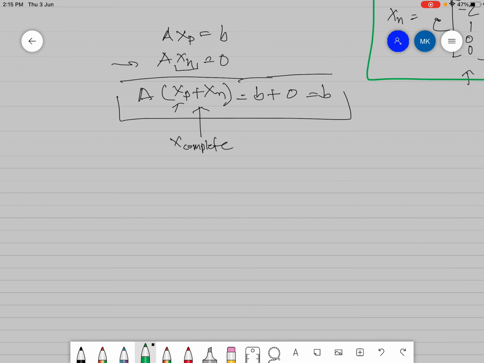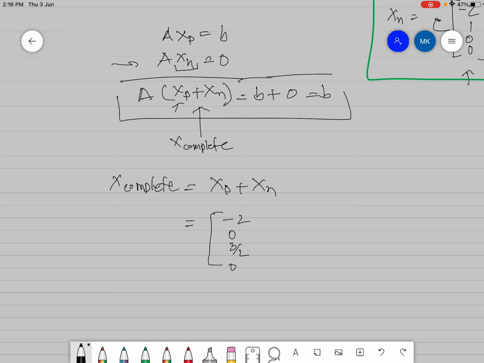So the complete solution is xp plus xn. So xp, or x particular, is -2 0 3/2 0.